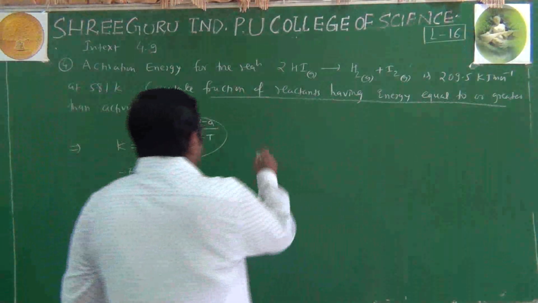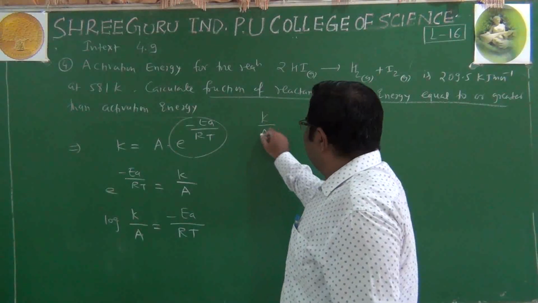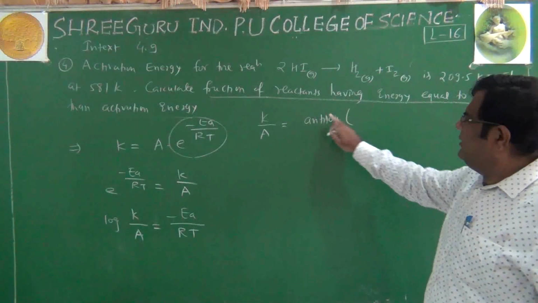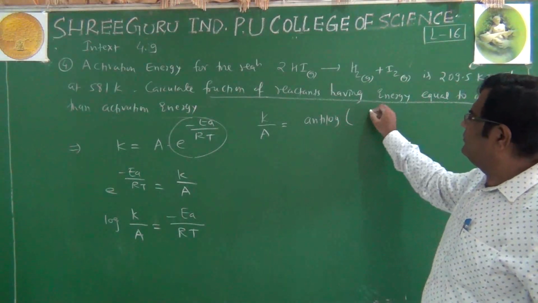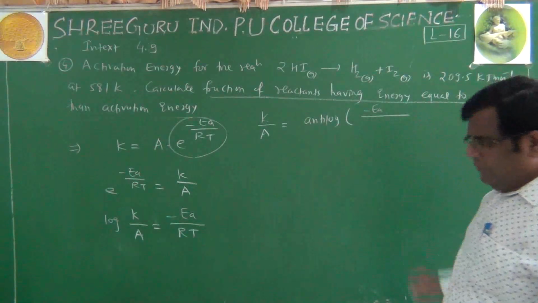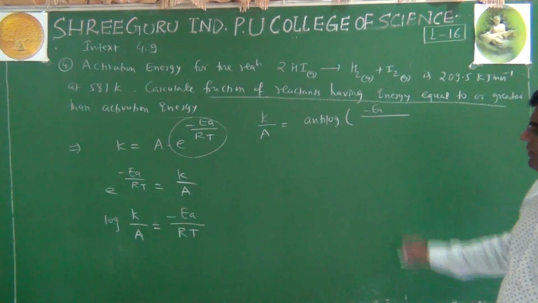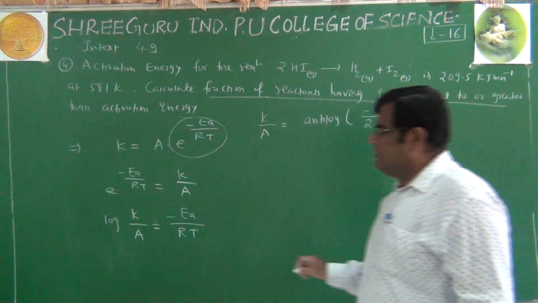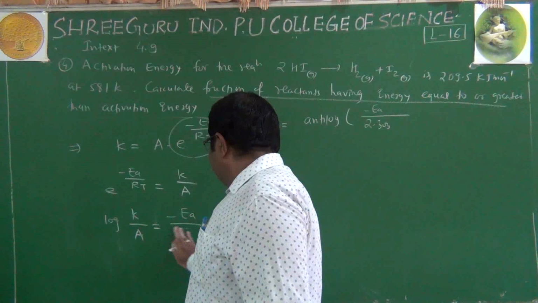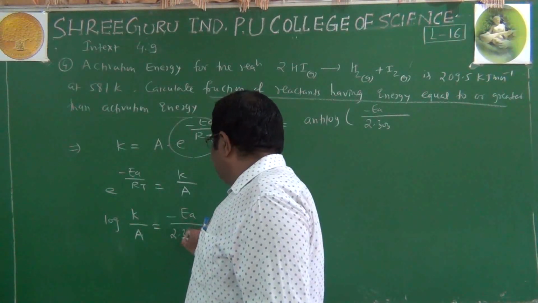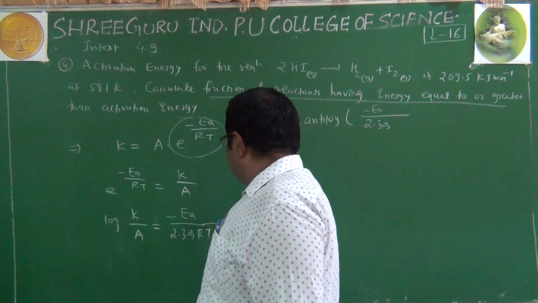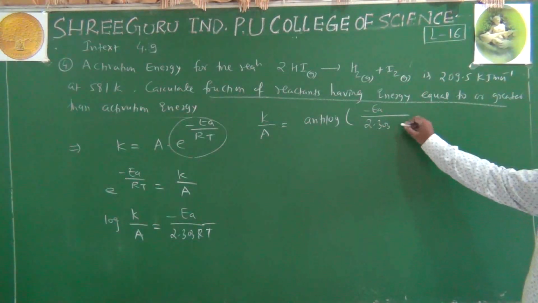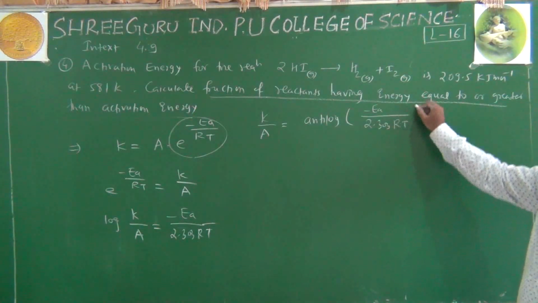So K by A equals antilog of minus EA by 2.303 RT, because we have converted this to base 10 here.